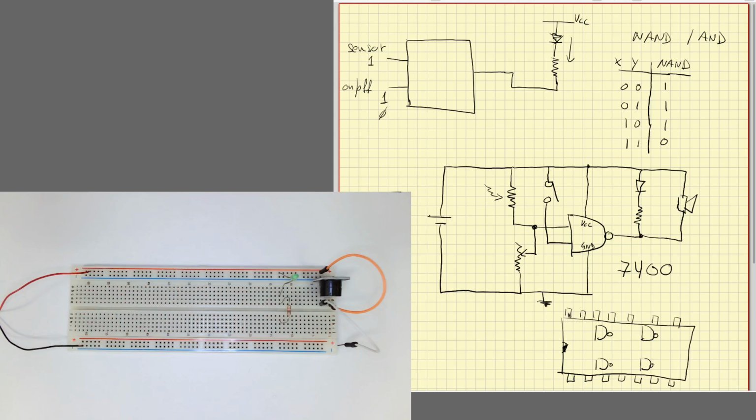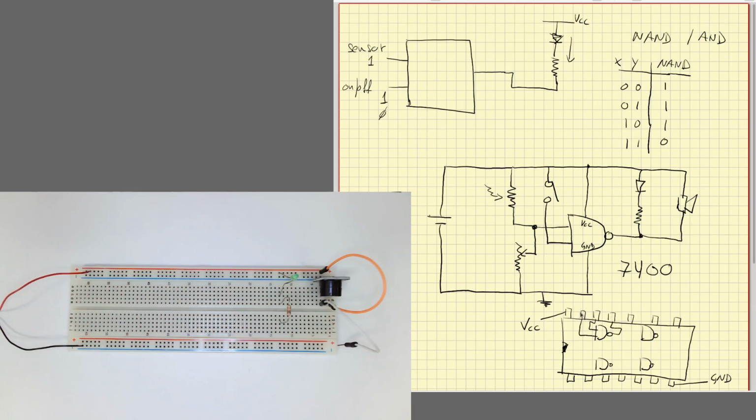This terminal here is intended to be connected to VCC to give power to the whole chip, and this terminal here is the ground node.